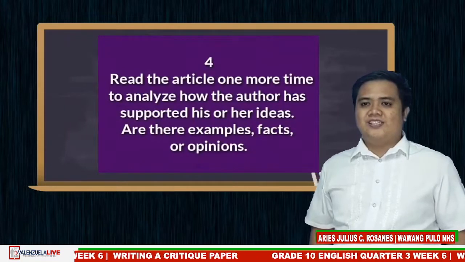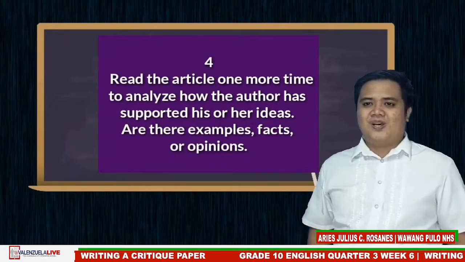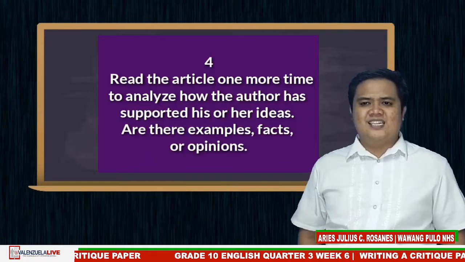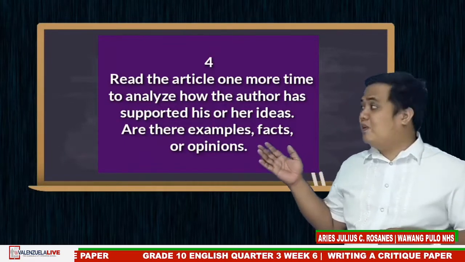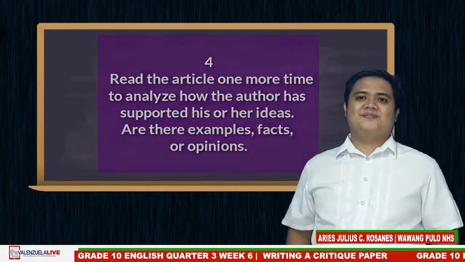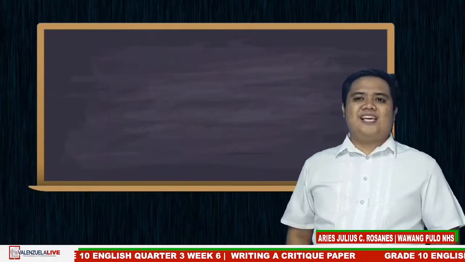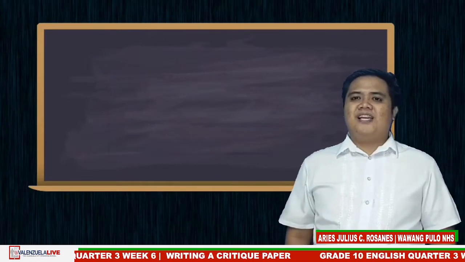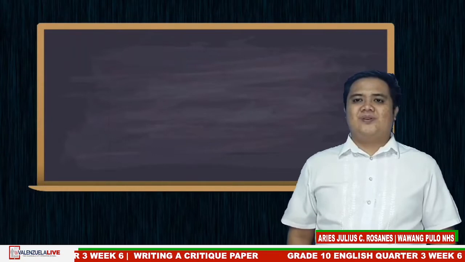Read the article one more time to analyze how the author has supported his or her ideas. Are there examples, facts, or opinions? After reading and truly understanding the text, there are a variety of ways to structure a critic paper.